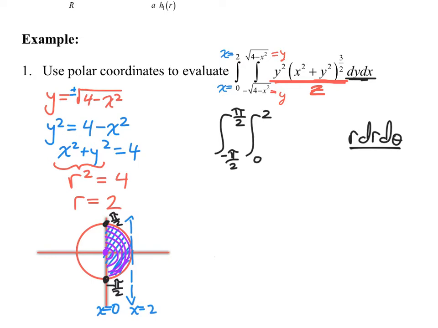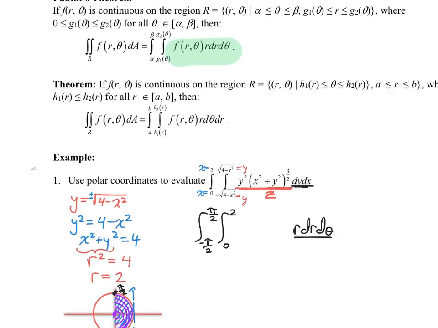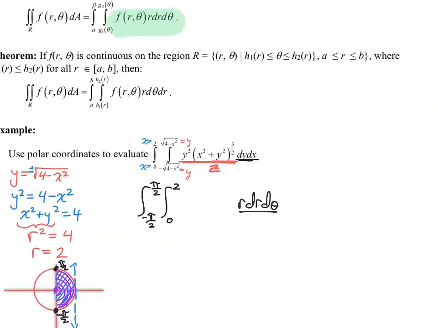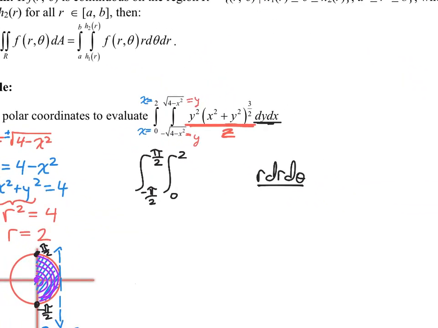Well, I do know that y is equal to r times the sine of theta. That's on the previous page, but I'll write it again. x squared plus y squared is equal to r squared.